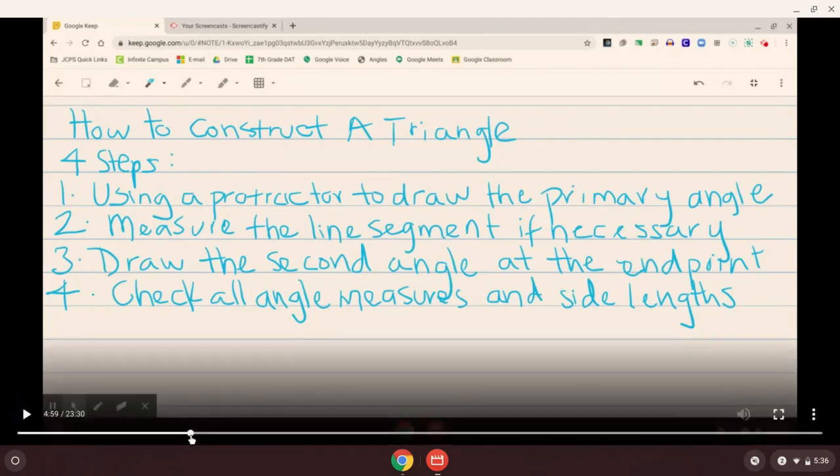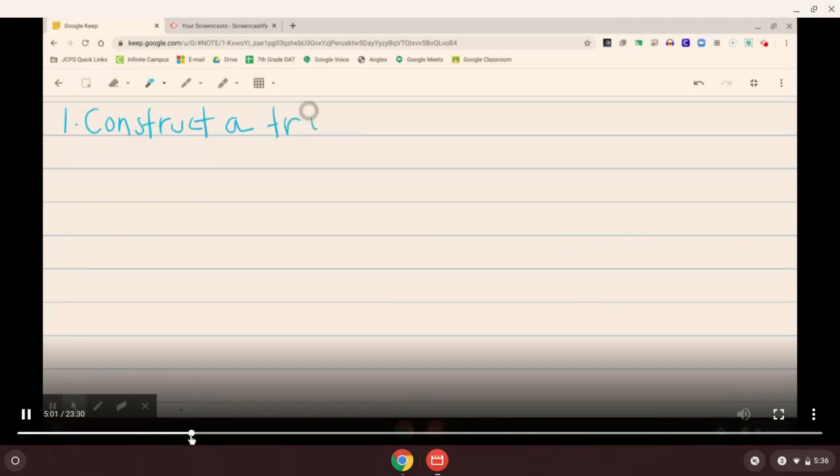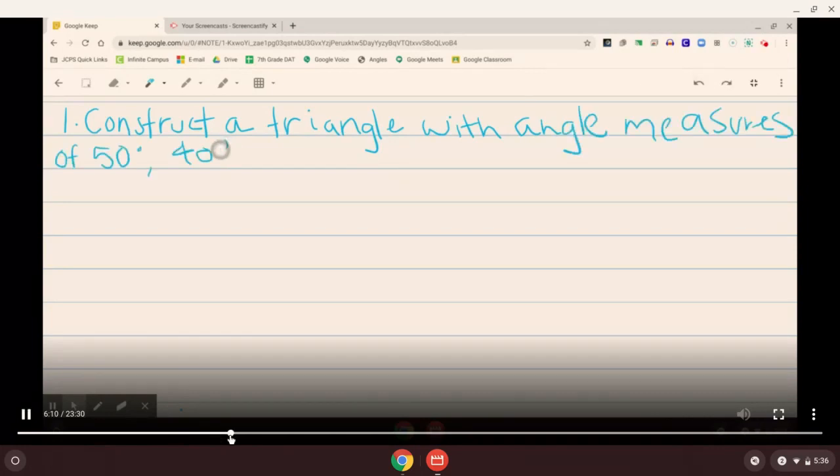So let's get some practice with this. So we're going to just construct a triangle that uses the degrees 50 degrees, 40 degrees, and 90 degrees. So 50 degrees is one of our angles of this triangle, 40 degrees is the second, and 90 degrees is the third.